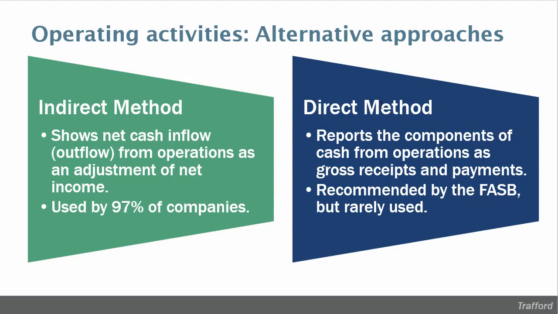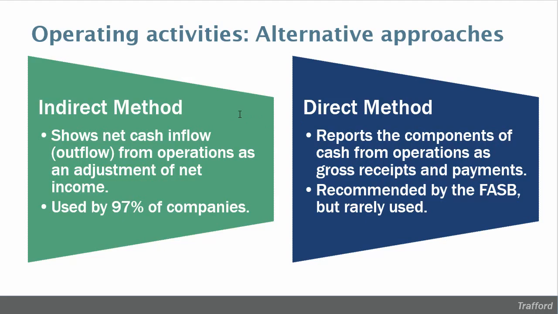A company can use the indirect method or the direct method of reporting cash flows from operating activities. You have a handout example that you can look at that contrasts these two methods for a company, and you can see that they end up, of course, reporting the same cash flow from operating activities.